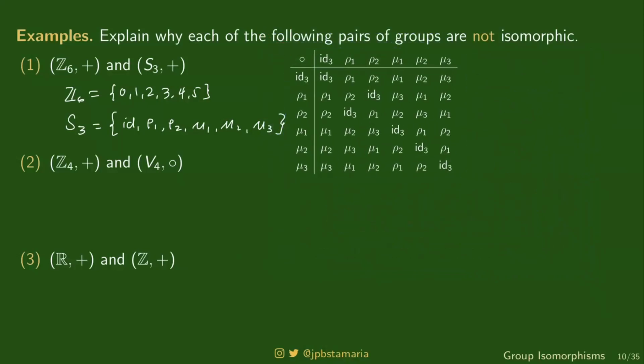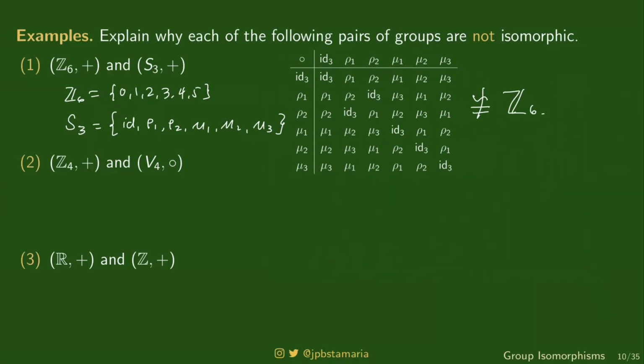Who would like to answer? Ito yung pinakamadali dyan sa tatlo. Bakit hindi sila isomorphic? I don't even need to construct the table ng Z sub 6.